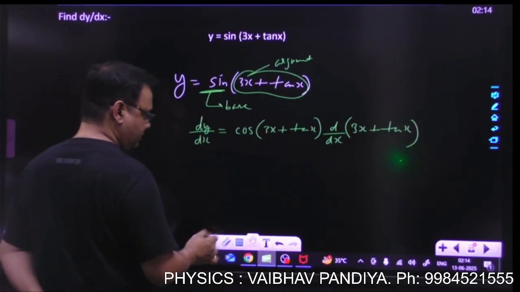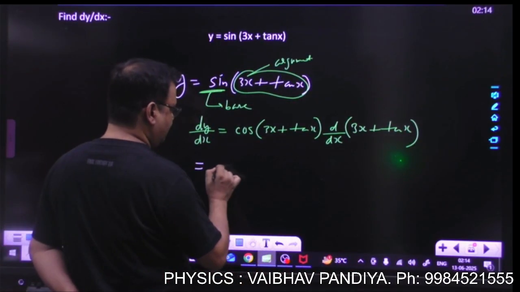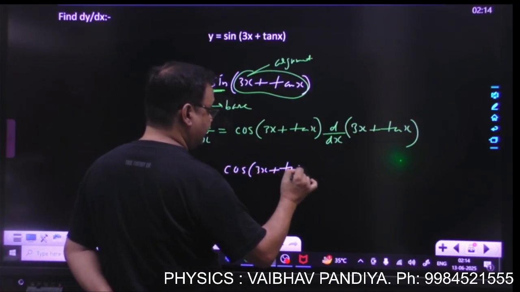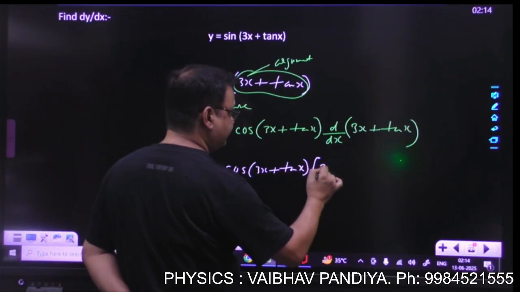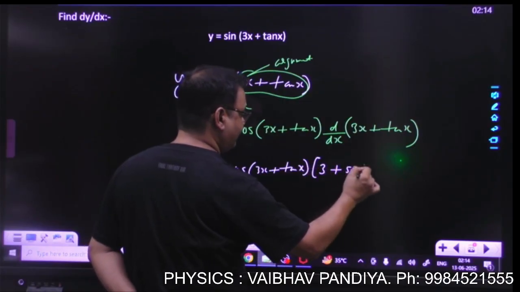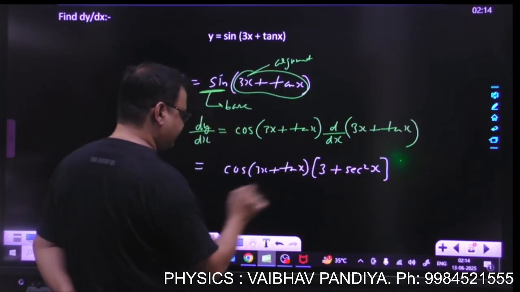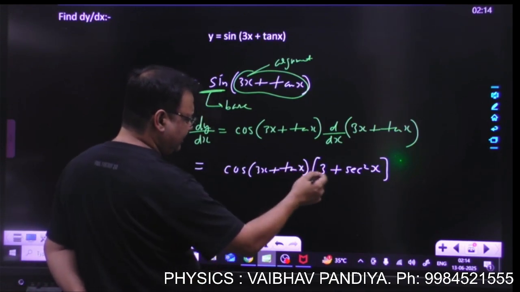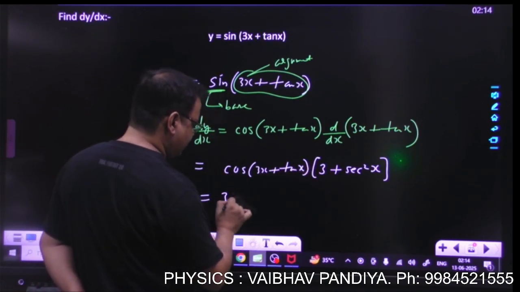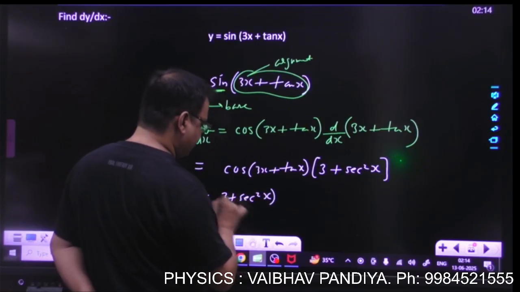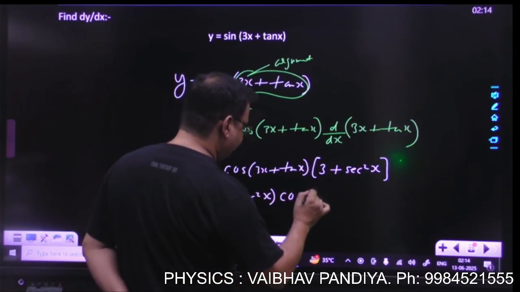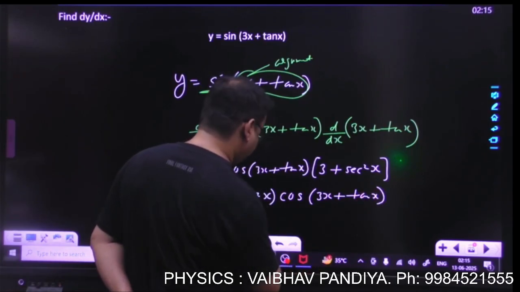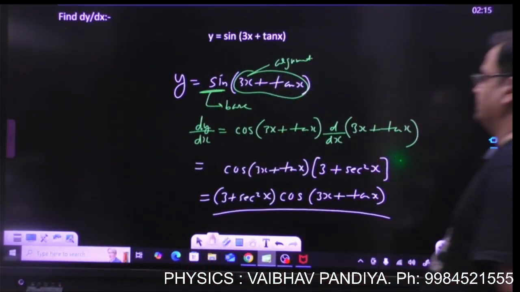So you will get cos 3x plus tan x, and the derivative of 3x is 3 and tan x has a derivative of sec square x. So this will be your answer. You can bring it here on the left side to avoid the confusion that it is being multiplied with the argument. So you'll get 3 plus sec square x times cos 3x plus tan x. This is your final answer. Got it?